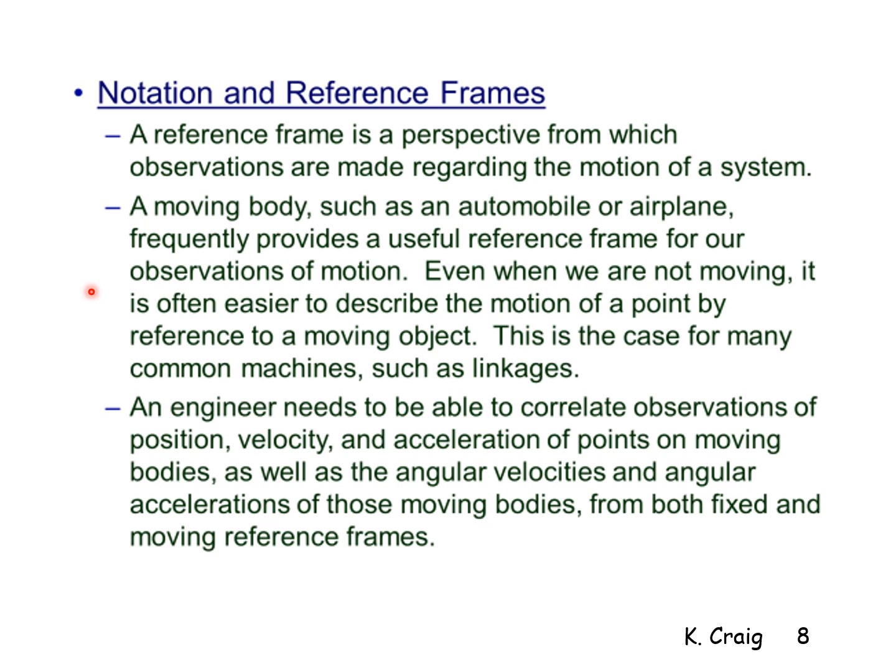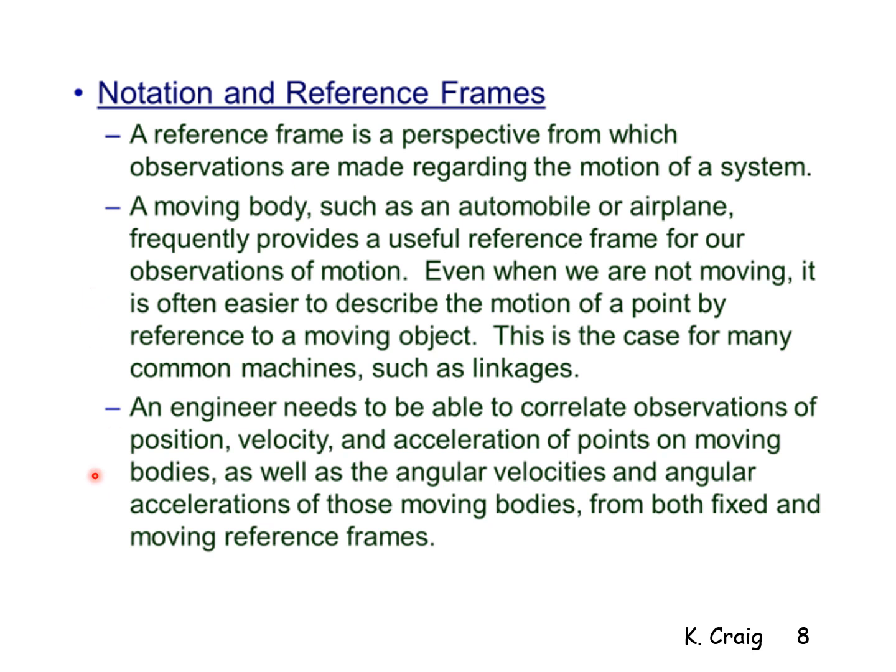This is the case for many common machines, such as linkages. So every rigid body will have a reference frame, an XYZ coordinate system rigidly attached to it. And we need to then understand its motion with respect to other reference frames on other moving bodies or with respect to ground.